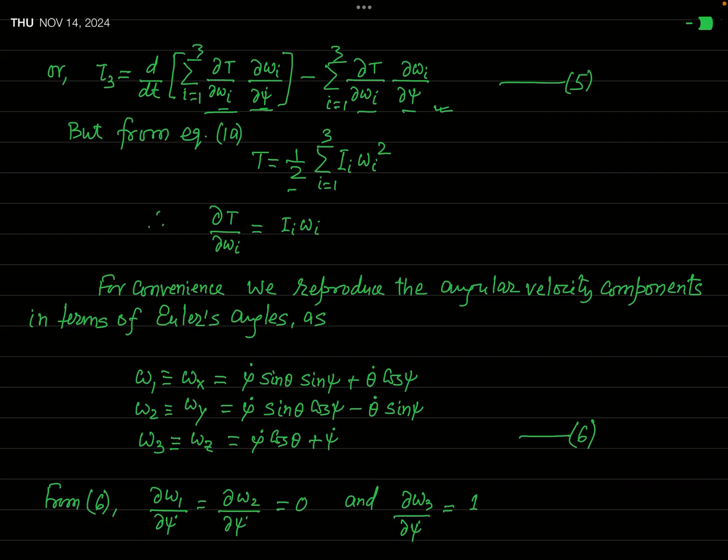That is the same expression. Okay. And therefore del T by del omega i, when you differentiate this, will be equal to I i omega i.